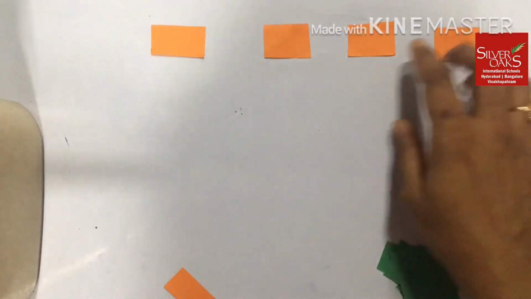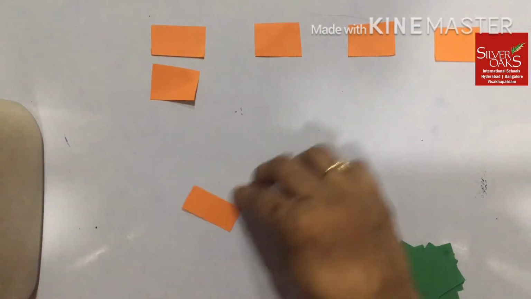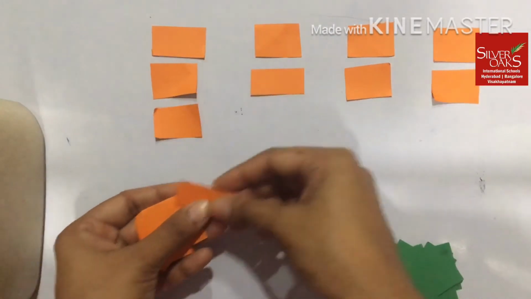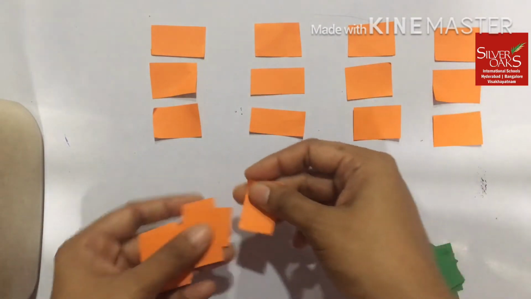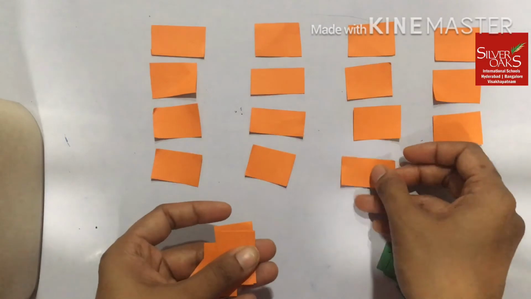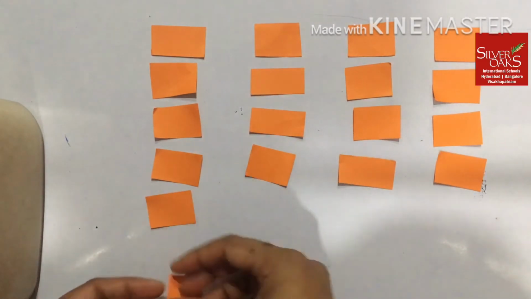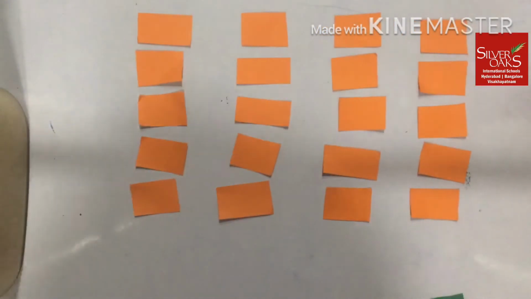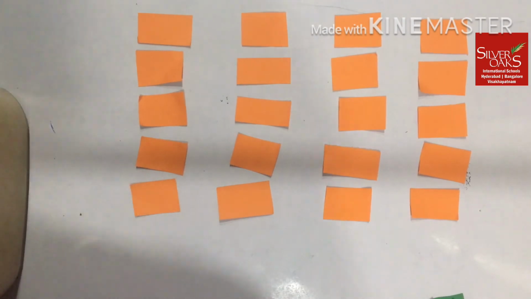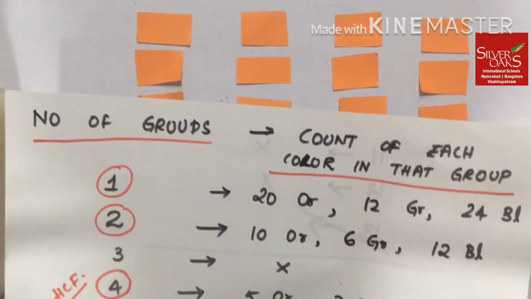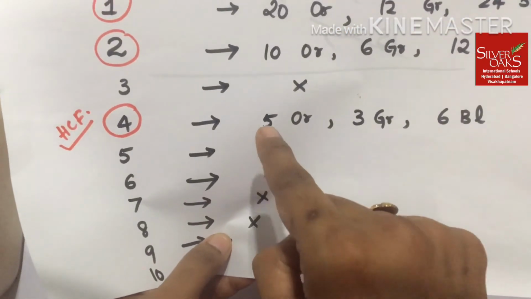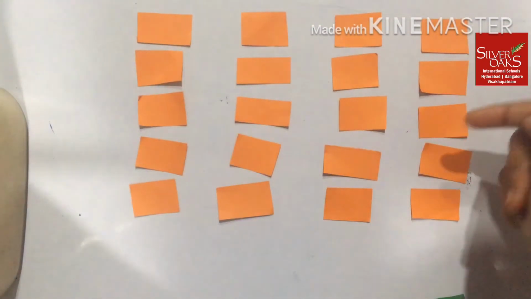My first row, second row with the orange color, third row with the orange color, fourth row, fifth row. Do you remember the number which we got when we are using 4 colors in each of the row? I'll be getting 5 such rows. 1, 2, 3, 4, 5.